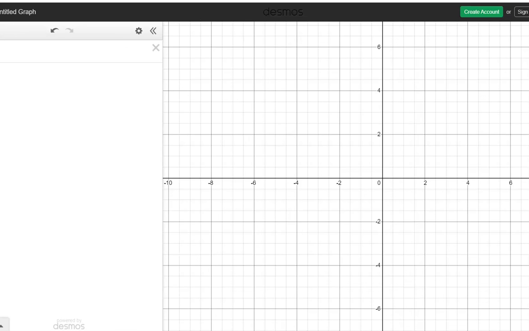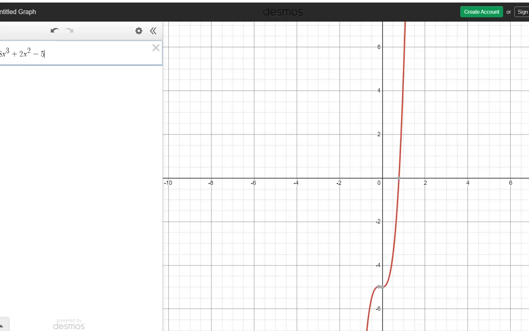So on this, you actually plug in your equation on the side. So I'm going to do 8x raised to the power of 3 plus 2x squared minus 5x and then plus 1.